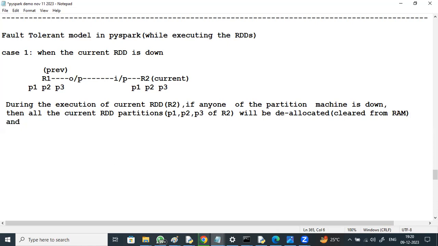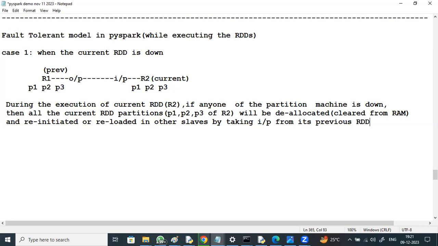And reinitiated or reloaded in other slaves by taking input, and reinitiated into other slaves by taking input from its previous RDD, that is R1.